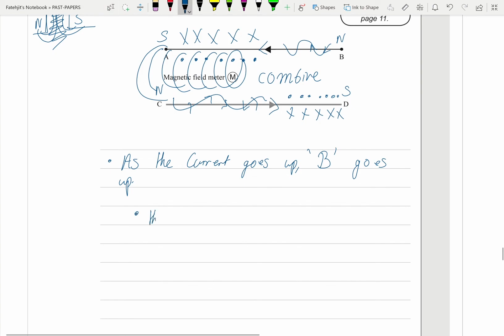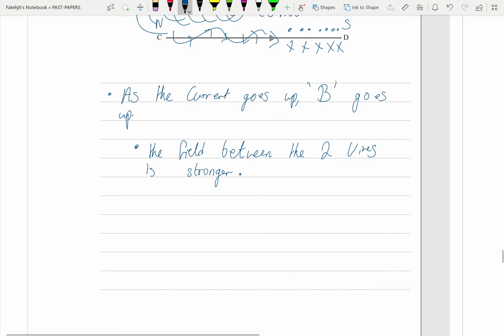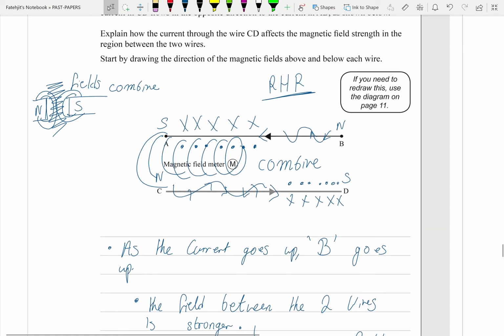So we can say that the current goes up, the magnetic field also goes up, the field between the two wires is stronger, and that's because the magnetic fields from the two wires combine, and that's because they're in the same direction.